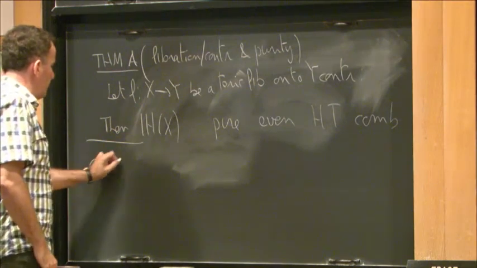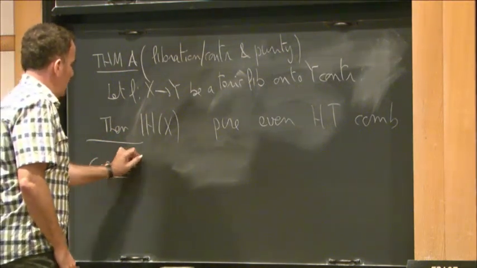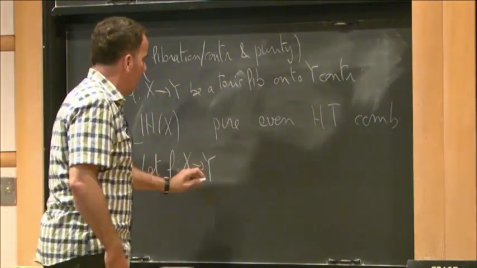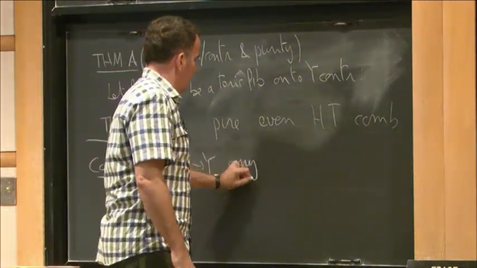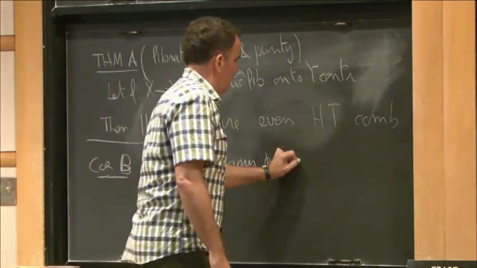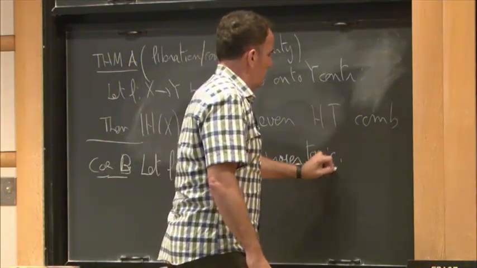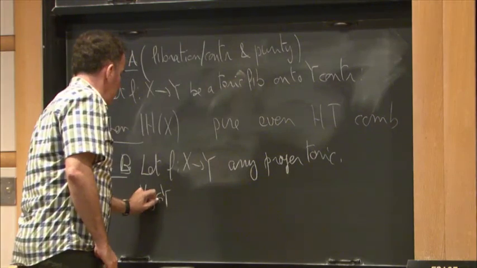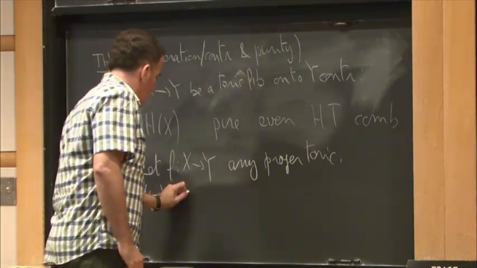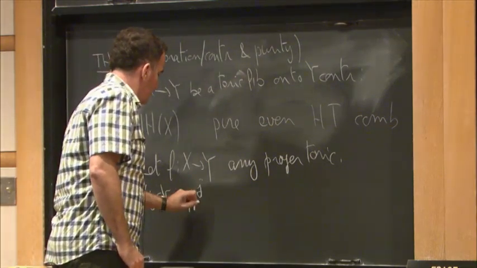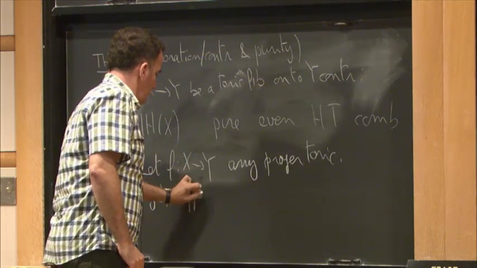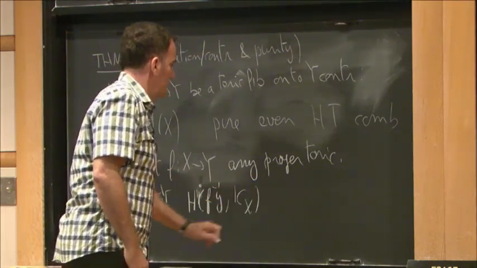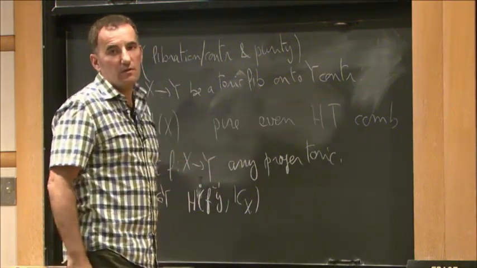Corollary B. Let f from X to Y be any proper toric map. Then for every point in the image, this group is pure, even, Hodge-Tate, and combinatorial.